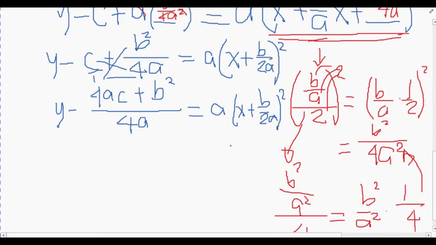Express this as function. This will become now y equals a times quantity x plus b over 2a squared. We apply the addition property of equality here, and we will write it directly.